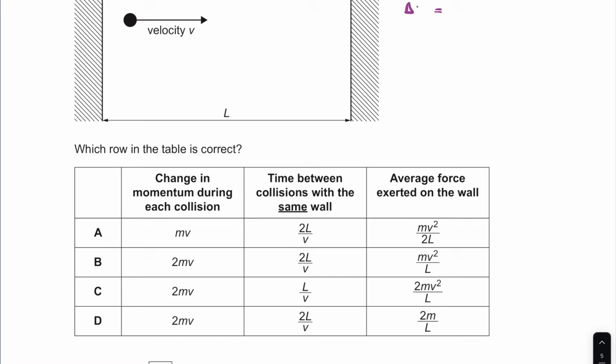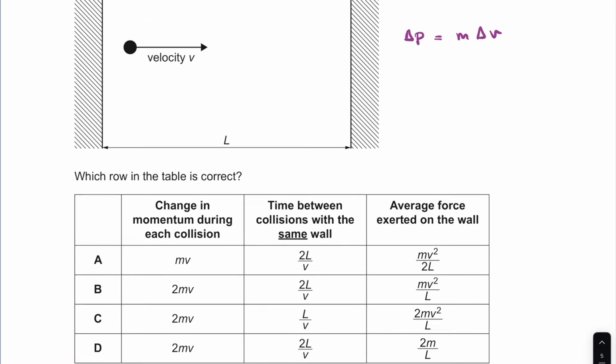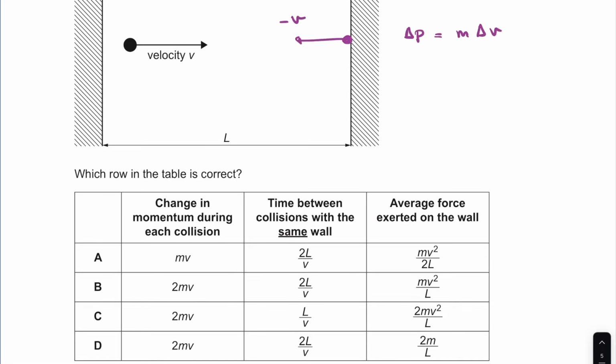Change in momentum is equal to m times delta v. Because the magnitude is the same and it's in the opposite direction, when it hits, it goes like this. So it'll be negative v. The overall change will be the sum of the two momenta. So you would have either B, C, or D for that reason.